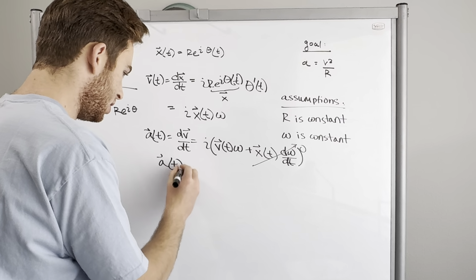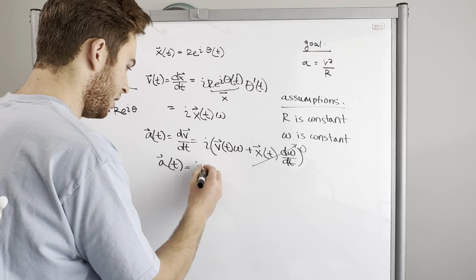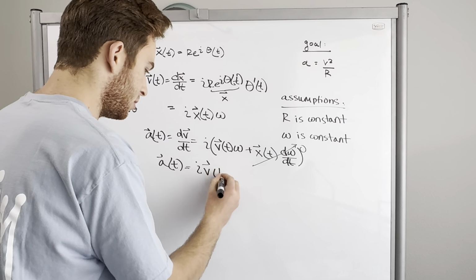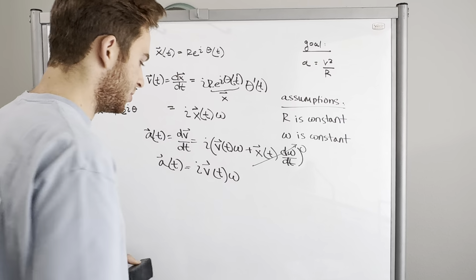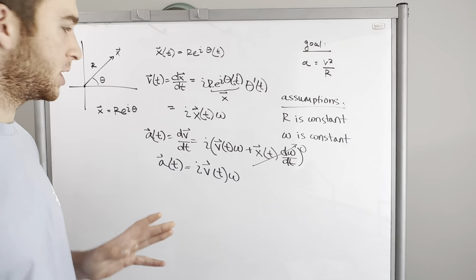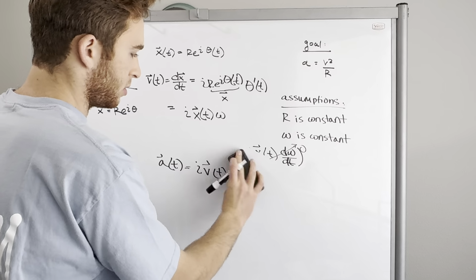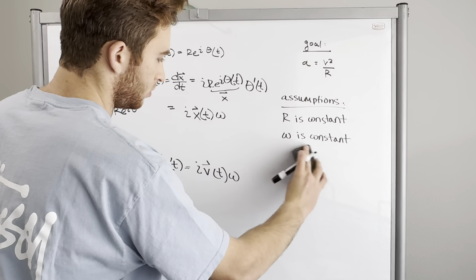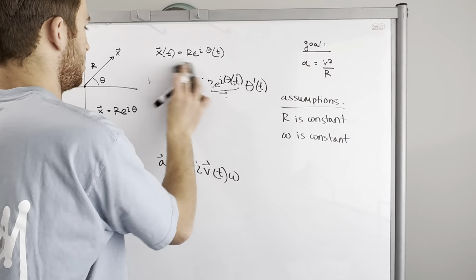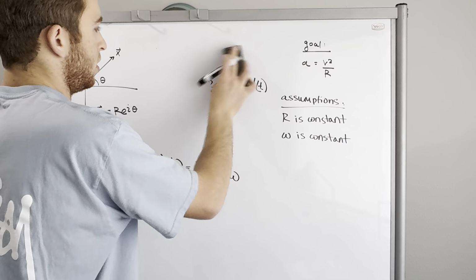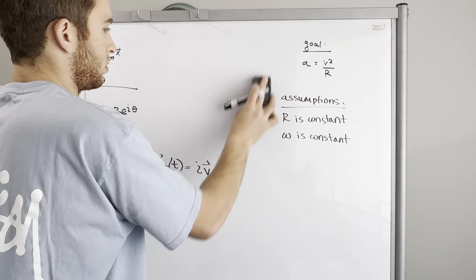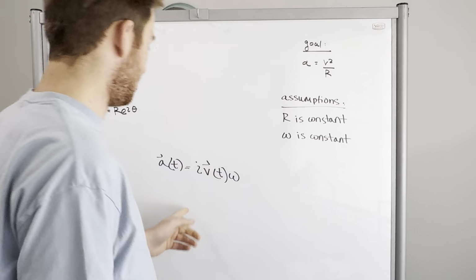So now I have my formula for acceleration: a of t equals i v of t times w. I'm going to erase some of this stuff up here to make more room, and I'm going to rewrite this up here.